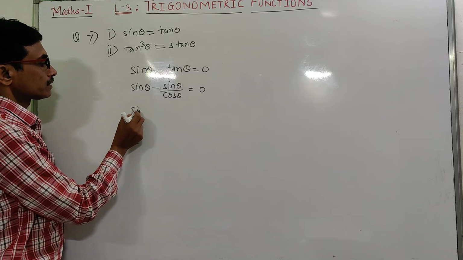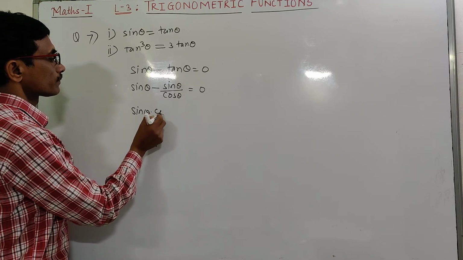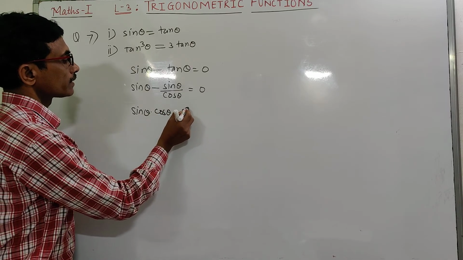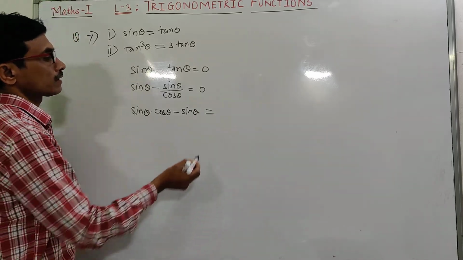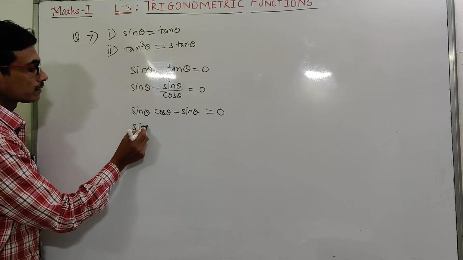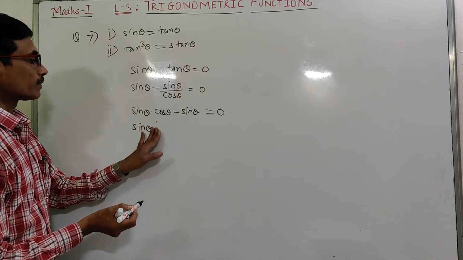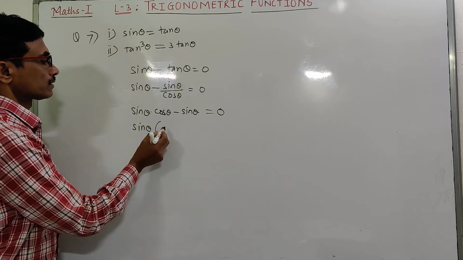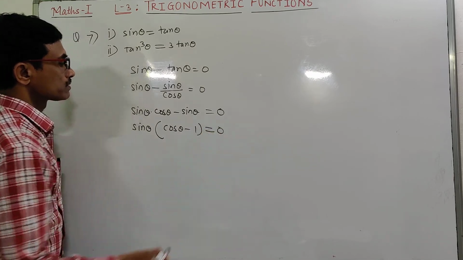So sin theta into cos theta minus sin theta; on the right hand side we multiply cos theta, 0 it will be. Sin theta we are taking common. If we take sin theta common, cos theta minus 1 we will get 0.